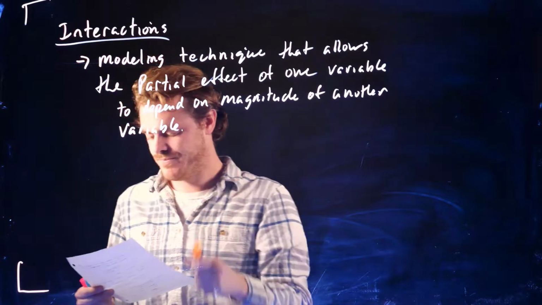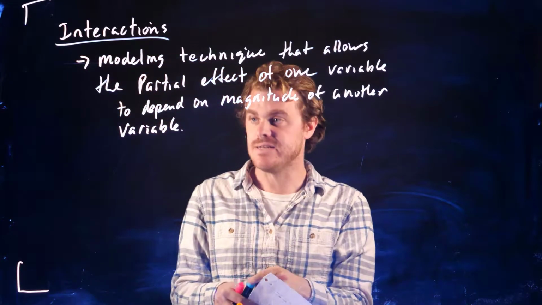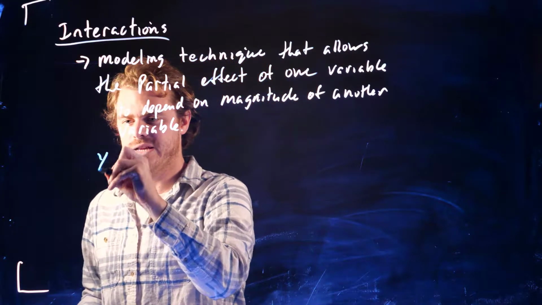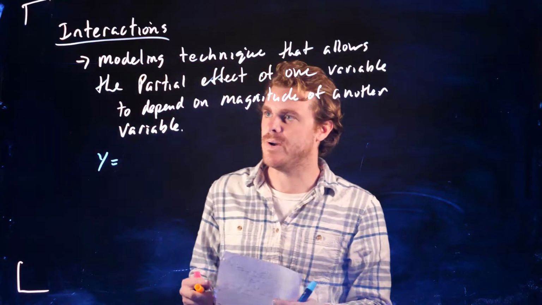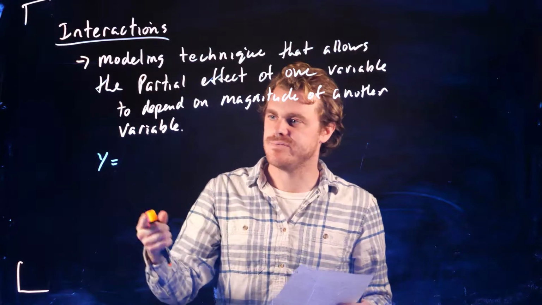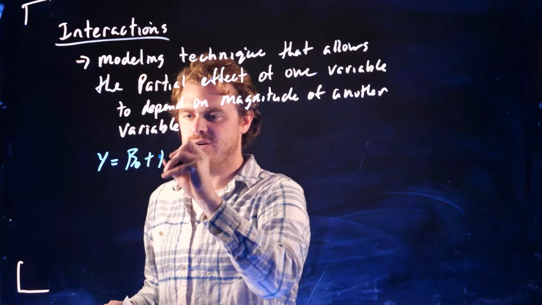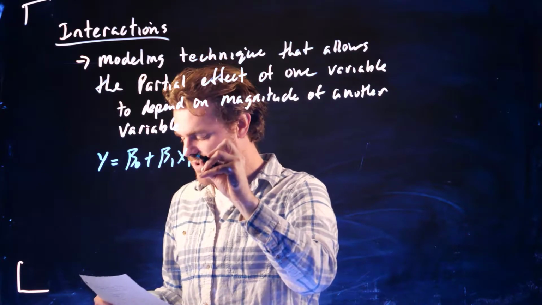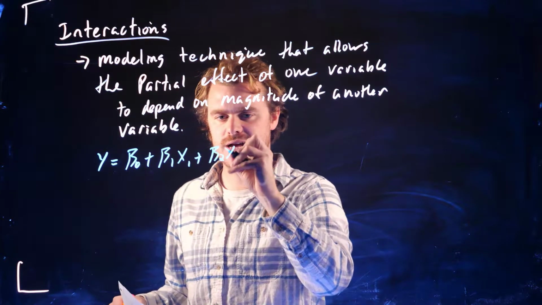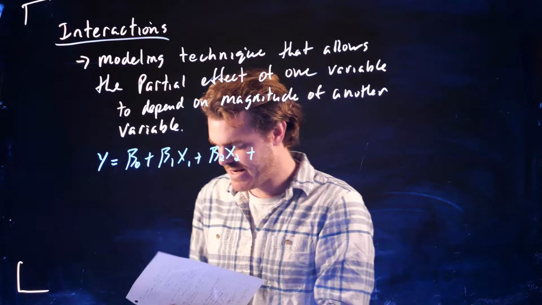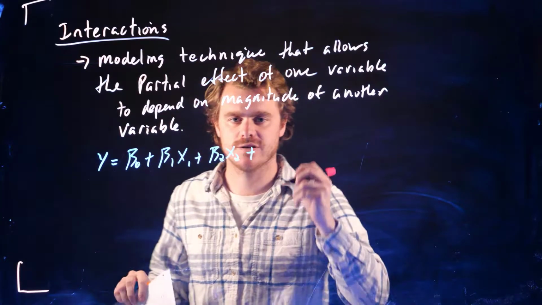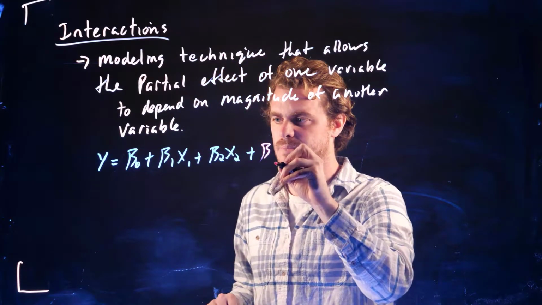Let's just write it out. What I mean by that is we could have a regression. Let's do a general one, and then we'll come back and look at an example. Y equals beta 0 plus beta 1 times x1 plus beta 2 times x2, and then here's this interaction. Let's do it in a different color so it shows up better.